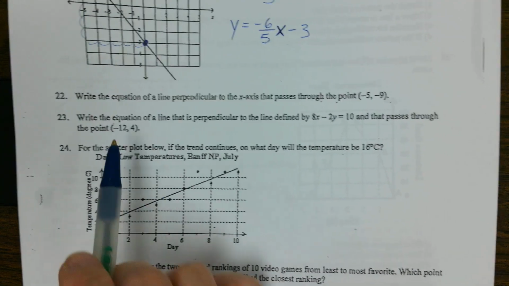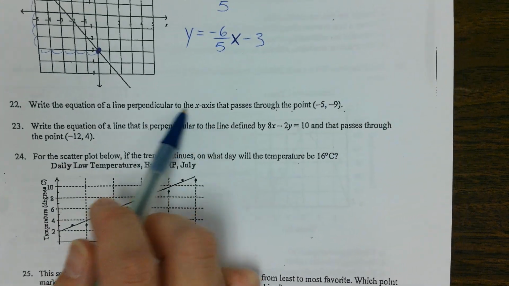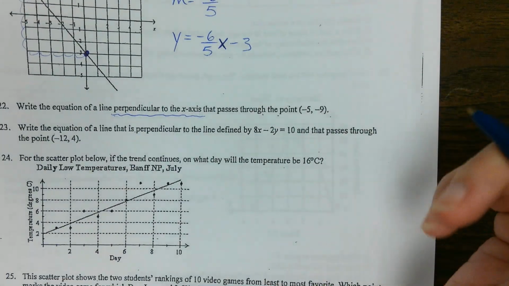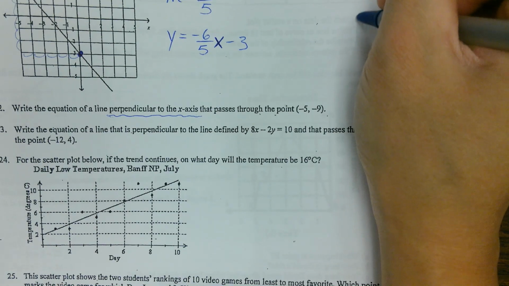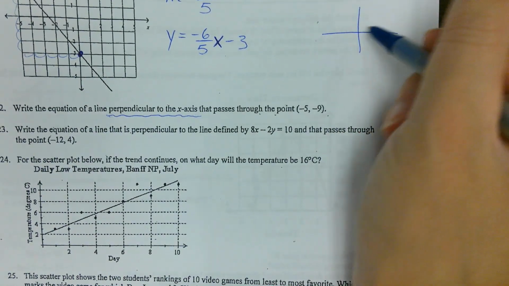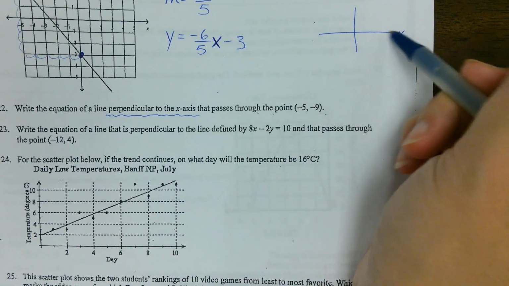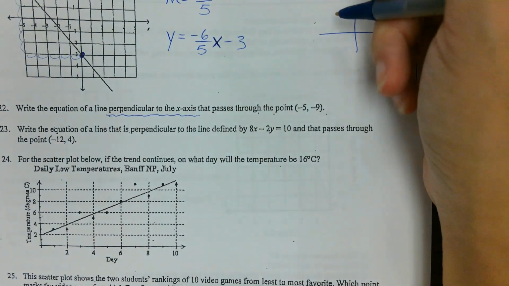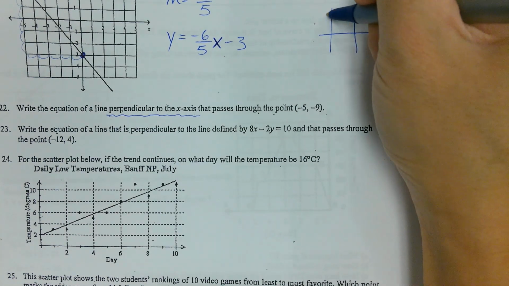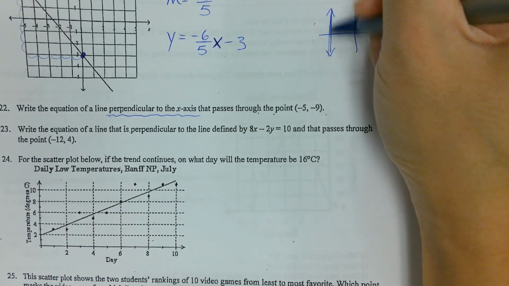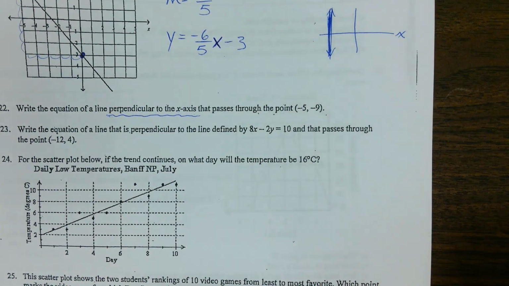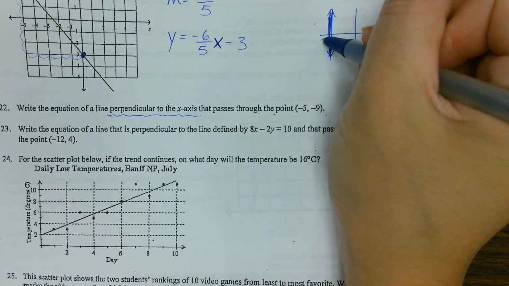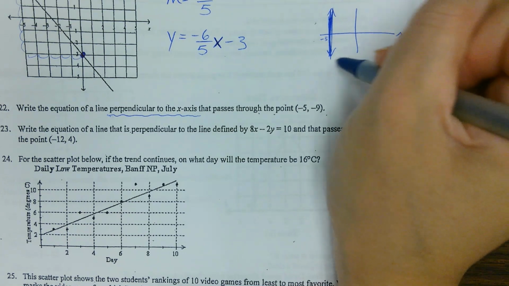Okay. These ones, perpendicular to the x-axis. Whenever you see perpendicular to the x-axis, it means you want to do a quick little sketch. Perpendicular to the x-axis means you're looking for a vertical line, a line that goes through -5, -9.